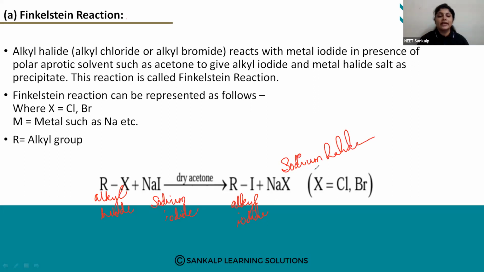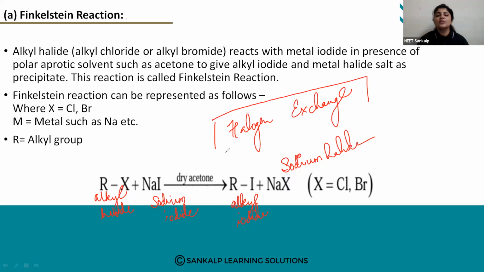So alkyl halide, when it reacts with sodium iodide in the presence of dry acetone, gives alkyl iodide plus sodium halide. This is called a halogen exchange reaction.